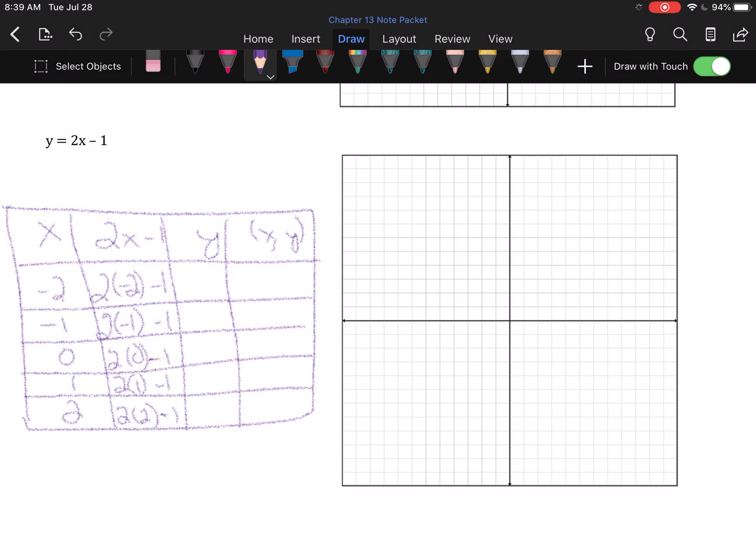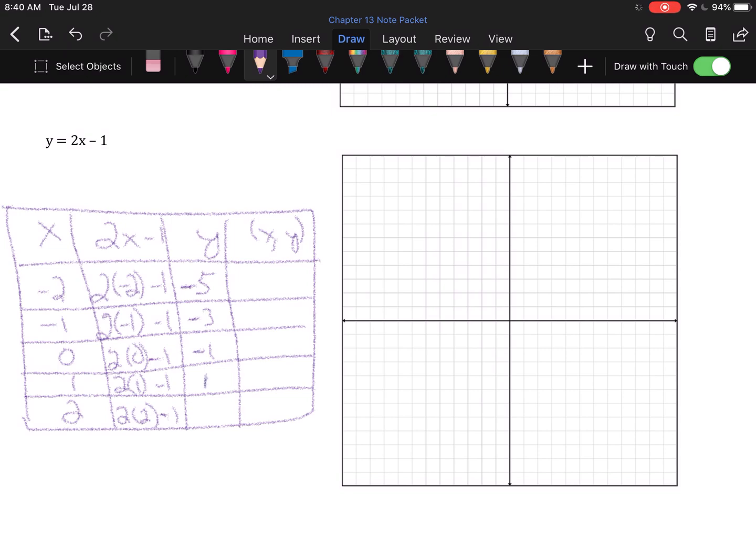Order of operations says we multiply before we subtract. So -2 times -2 is 4. 4 minus 1 is 3. -2 times -1 is 2. 2 minus 1 is 1. -2 times 0 is 0. 0 minus 1 is -1. -2 times 1 is -2. -2 minus 1 is -3.